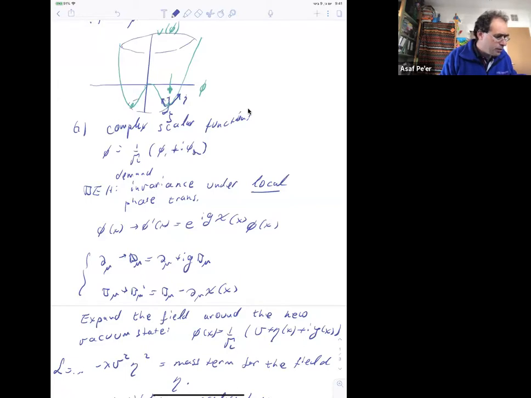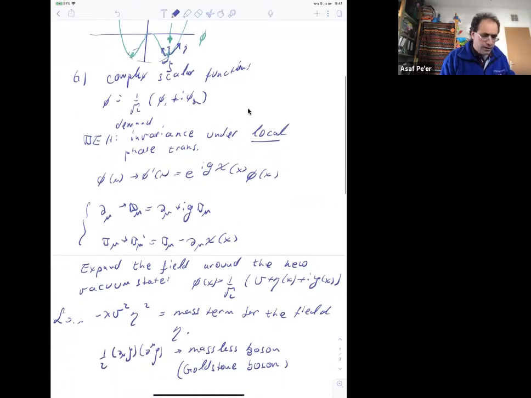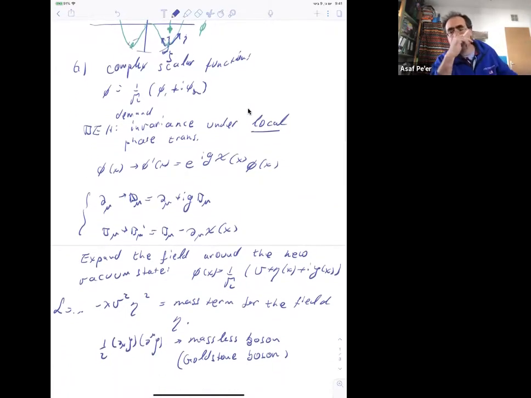Now it turned out that if we simply write the Lagrangian in these terms, we end up with non-physical terms: a coupling between the Goldstone boson and the gauge field, which cannot be.